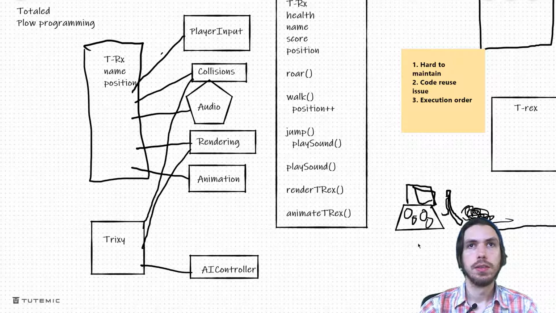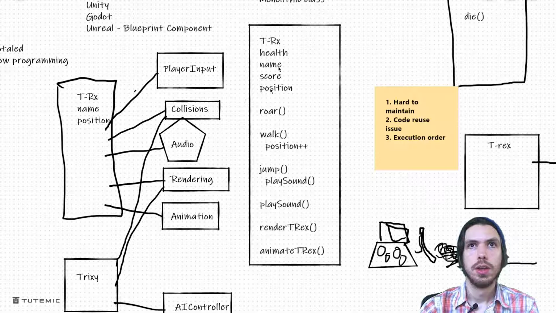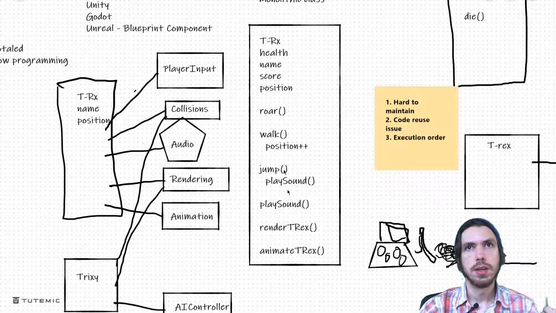So the takeaway here is that we are decoupling our code. In this case, with walking and jumping and playing sound and rendering, it's all coupled into the same class. And the problem, as you can see here, is that input and jump, movement and play sound, it's all coupled, right?